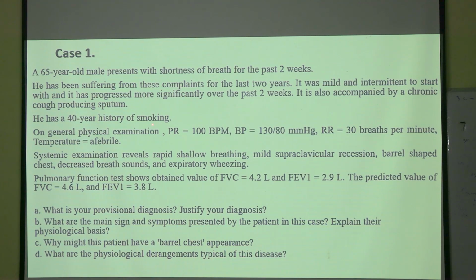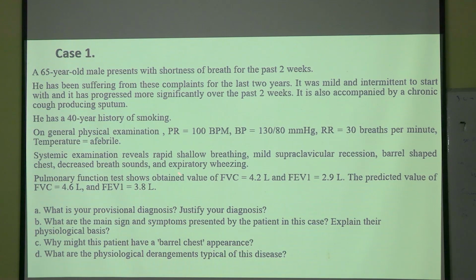On general physical examination, pulse rate was 100 beats per minute, blood pressure 130 over 80 millimeters of mercury, respiratory rate 30 breaths per minute, and temperature is afebrile. Systemic examination reveals rapid shallow breathing, mild supraclavicular recession, barrel-shaped chest, decreased breath sound, and expiratory wheezing.